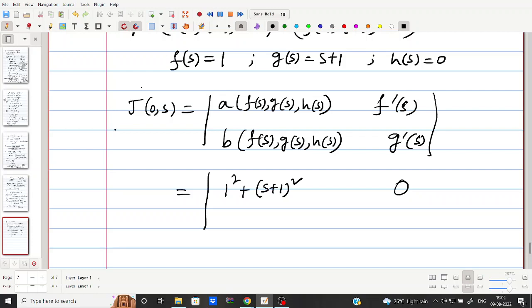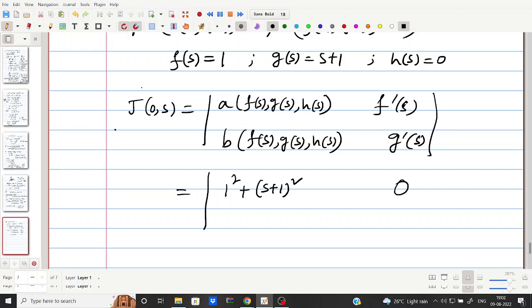So sir, how did we get that value? Actually, I have to find A(x,y,u), which is x square plus y square. Now I have to find A at (f(s), g(s), h(s)). So I just replace x by f(s) and y by g(s).